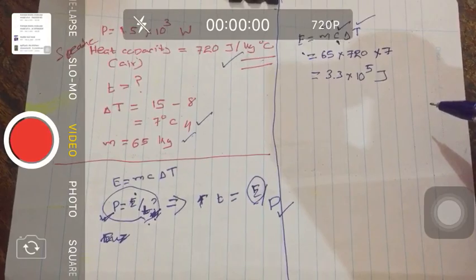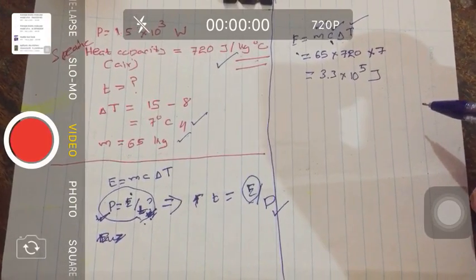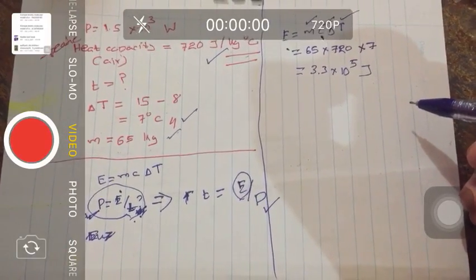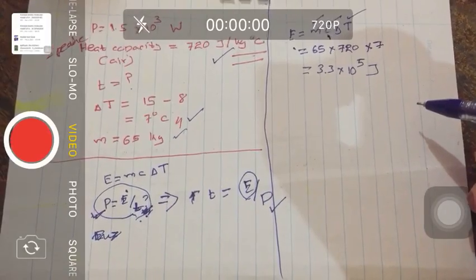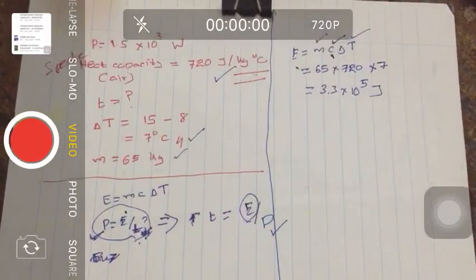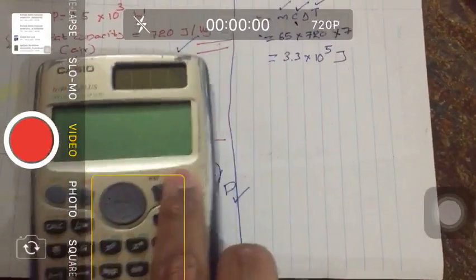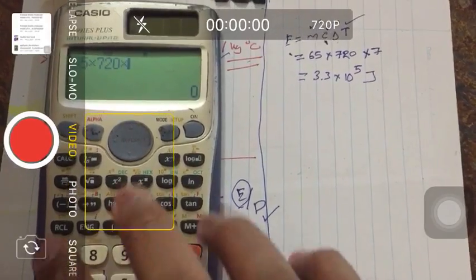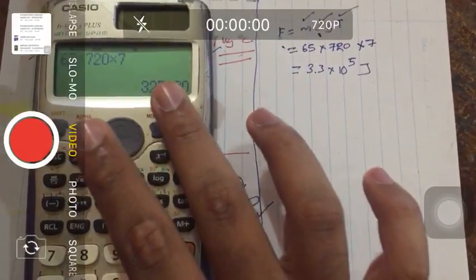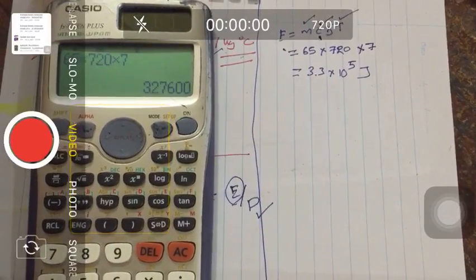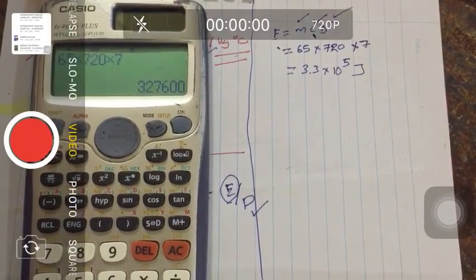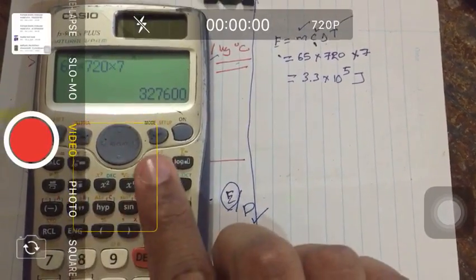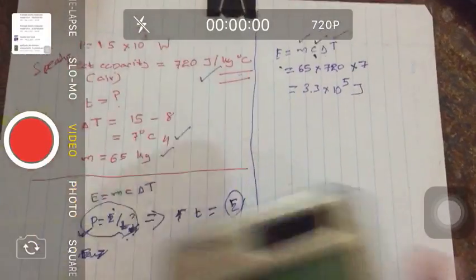Once you have got the energy, 65 times 720 times 7, yes, it's 3.3 times 10 to the power 5.